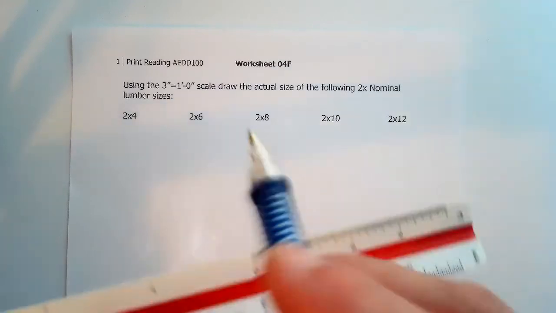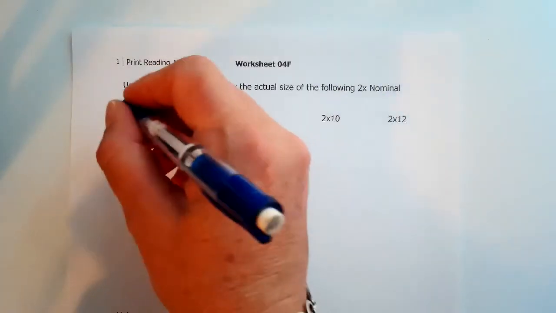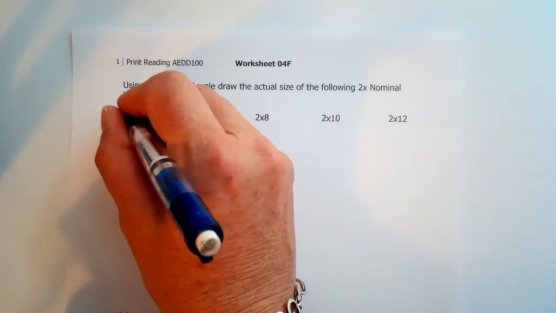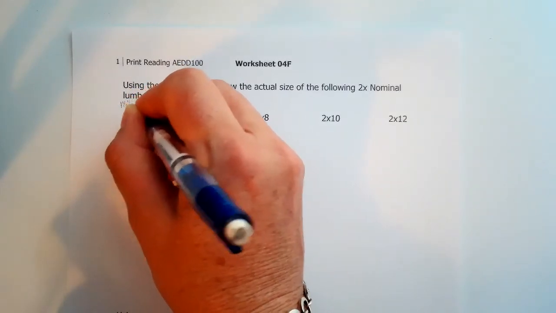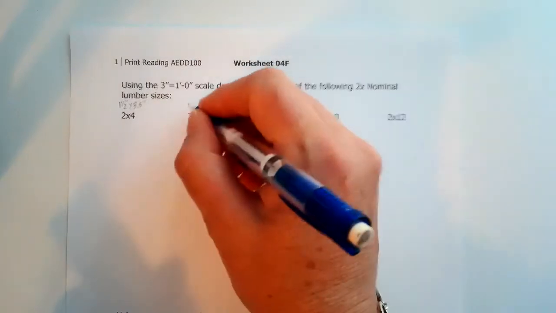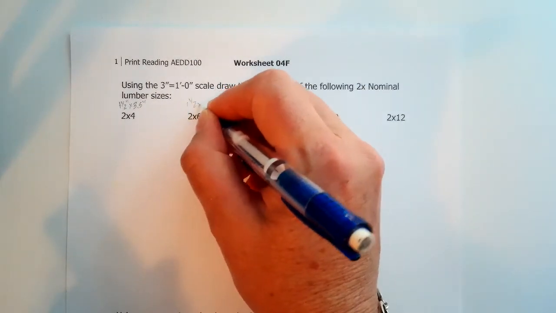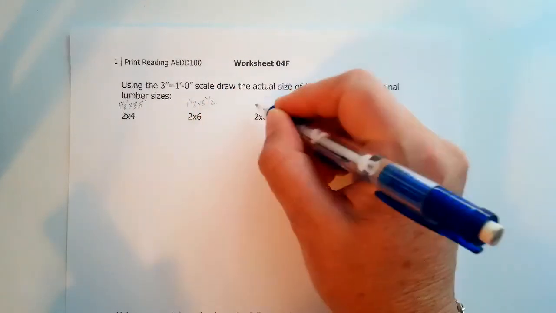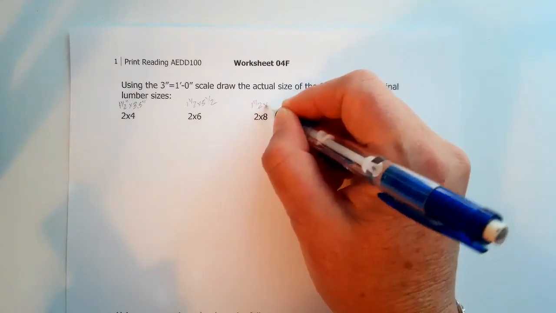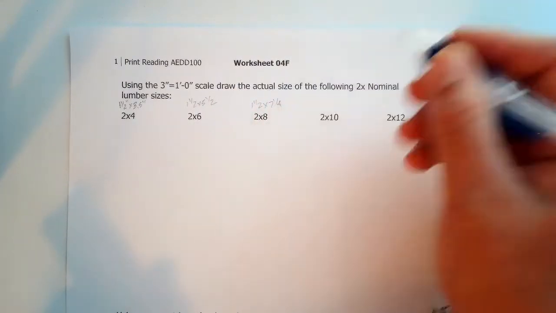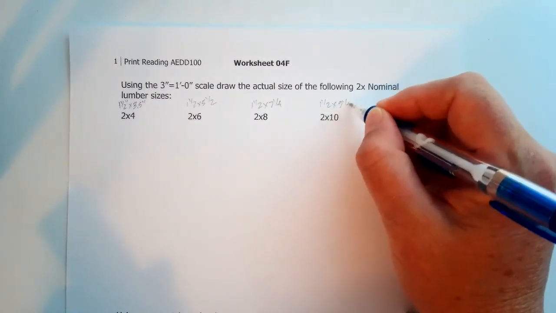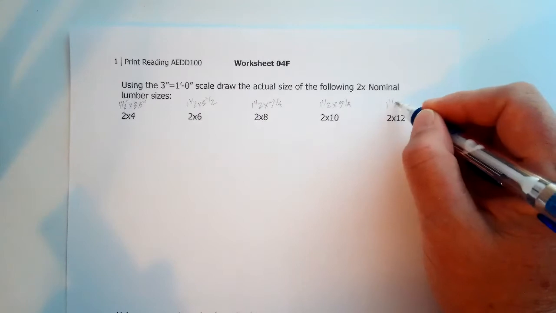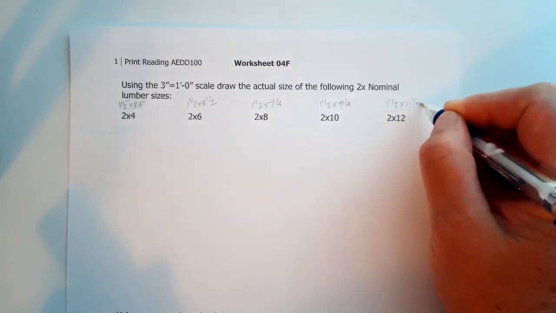So 2x4s are actual size 1.5 by 3.5. 2x6s are 1.5 by 5.5. 2x8s are 1.5 by 7.25. 2x10s are 1.5 by 9.25, and 2x12s are 1.5 by 11.25.